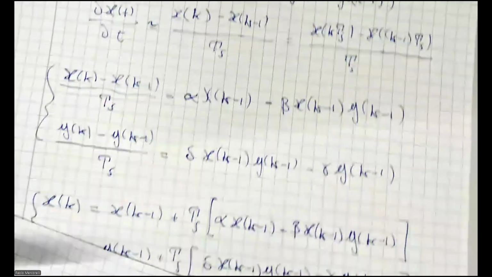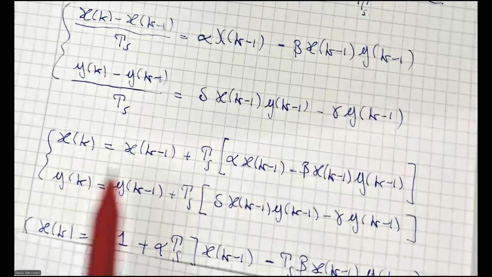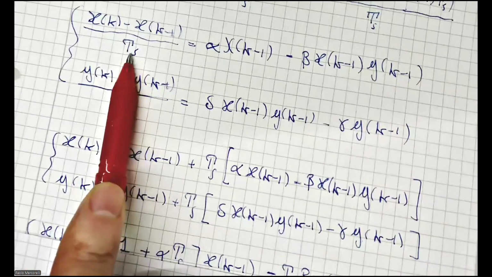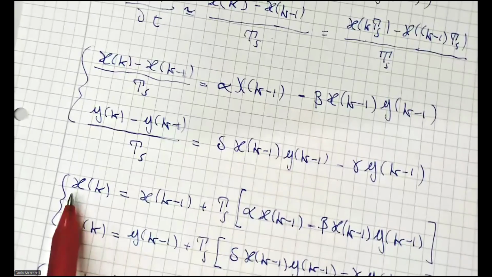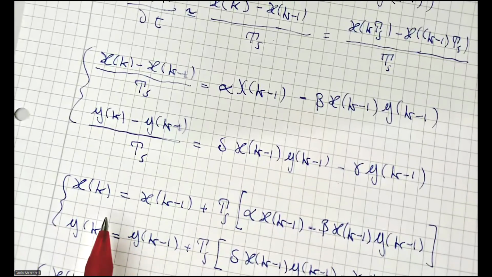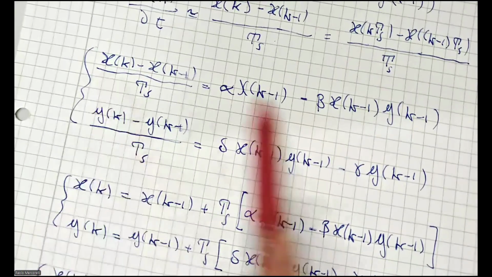From here to here is an easy matter, because I multiply by Ts, I bring this element on the right part, and through easy algebraic calculations I obtain these two equations.